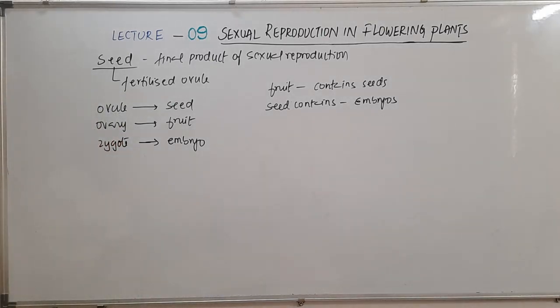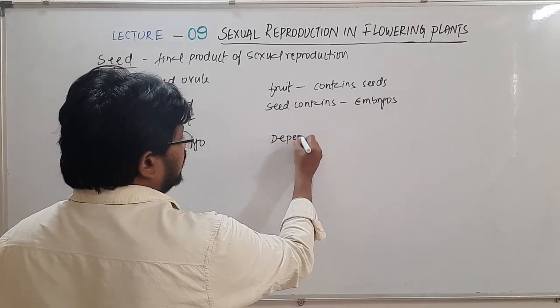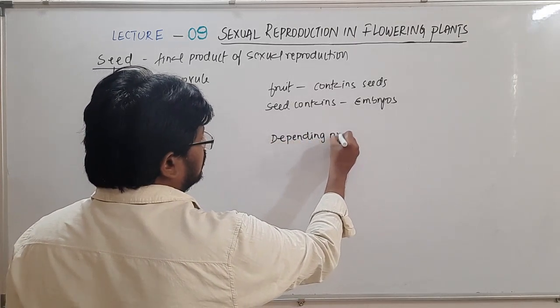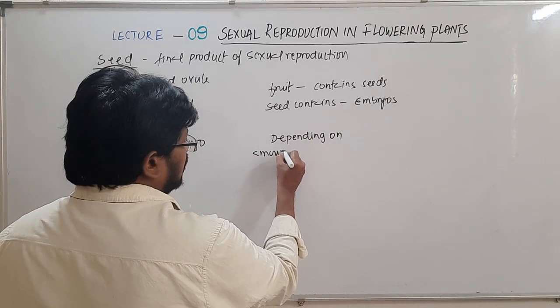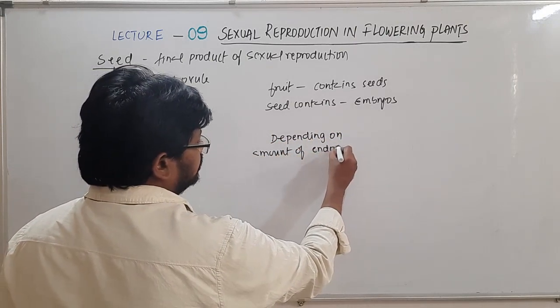So here, depending on the presence or the amount of endosperm present in the seeds, we can classify the seeds into two types.